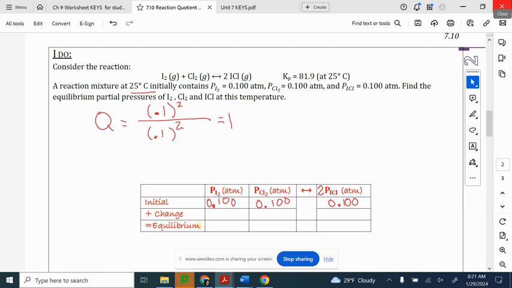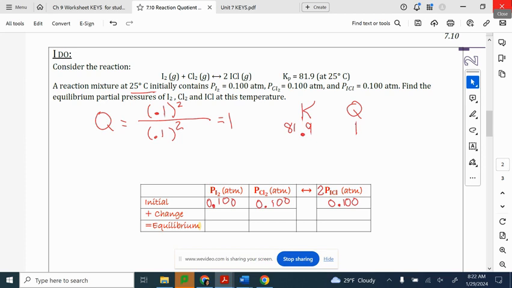Okay. So now we are going to write in alphabetical order the letters K and Q. We're going to write down the number for K, which is 81.9. We're going to write down our number for Q, which is 1.